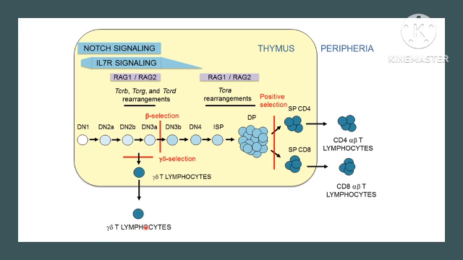Gamma delta T lymphocytes do not carry CD4 or CD8 markers. They are double negative and do not undergo positive selection for MHC. So these are MHC independent lymphocytes. They don't need MHC for antigen processing and antigen recognition.